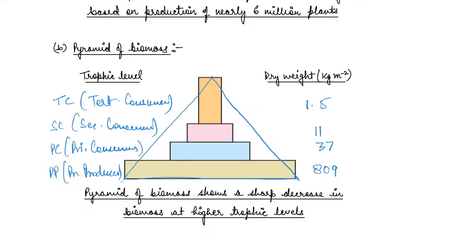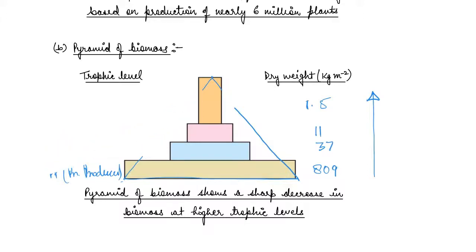So here what is happening is that pyramid of biomass shows a sharp decrease in biomass as we move towards the higher trophic level, right? So this is pyramid of biomass.